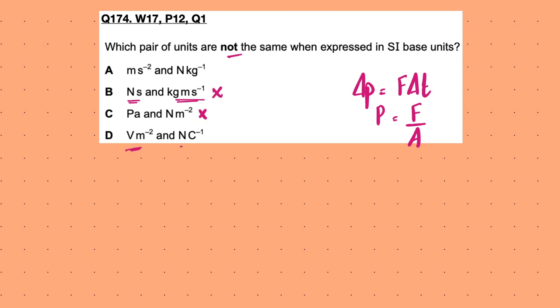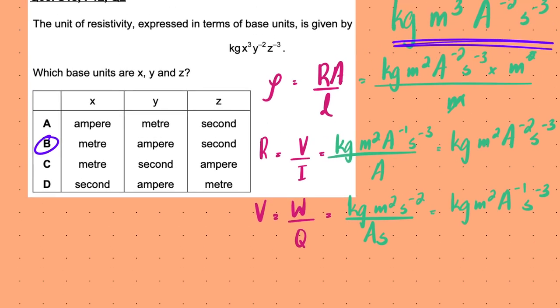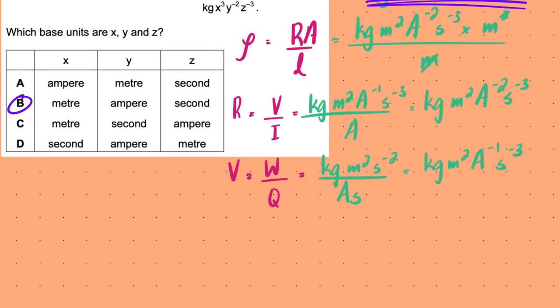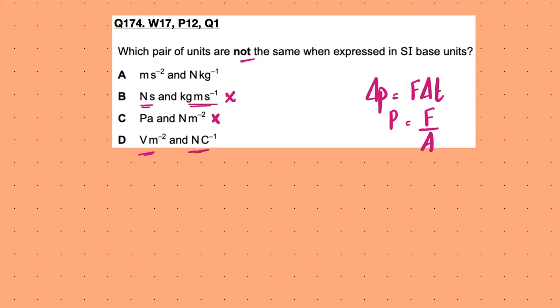And for these ones, I can work this out. So volts, we just did that above. Let me just go and see what that was to save time. So volts is kg meter square per ampere per second cube, right?